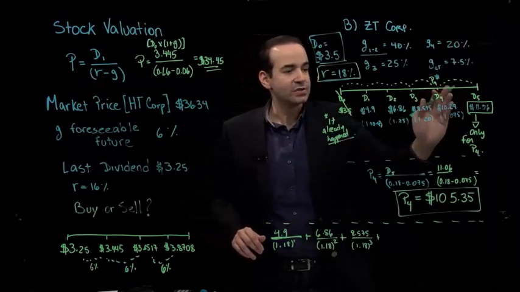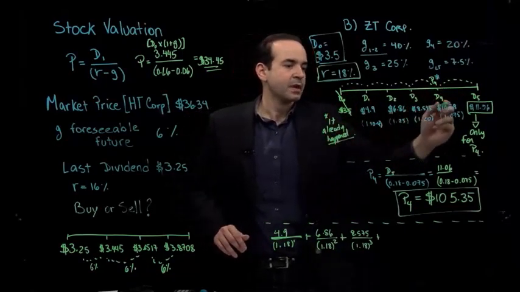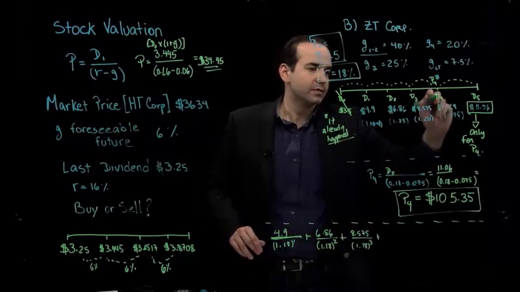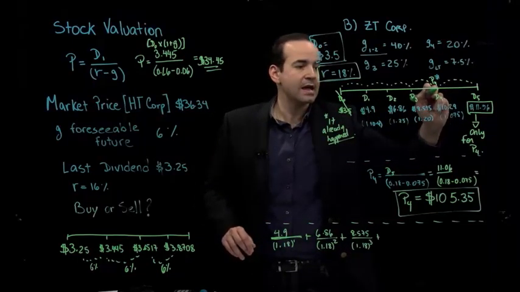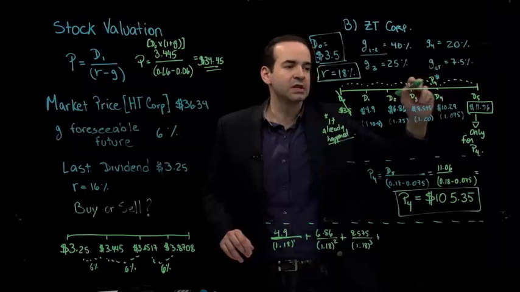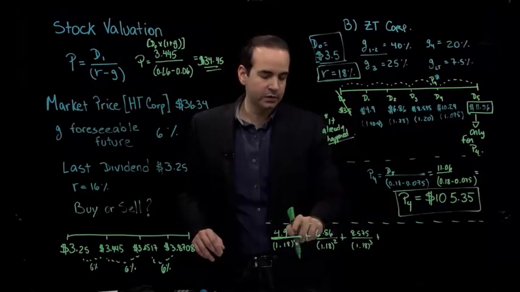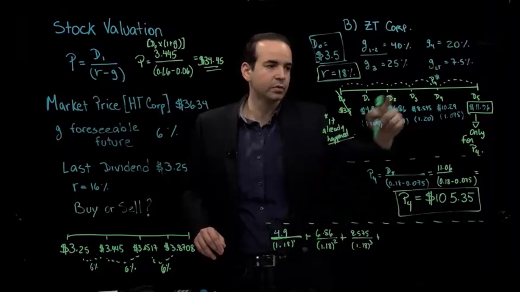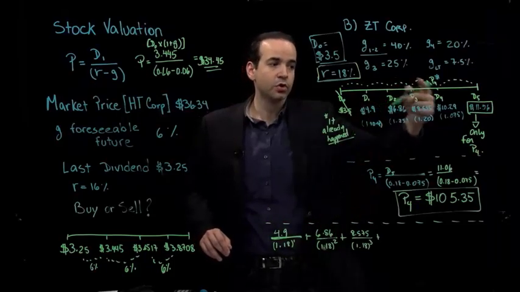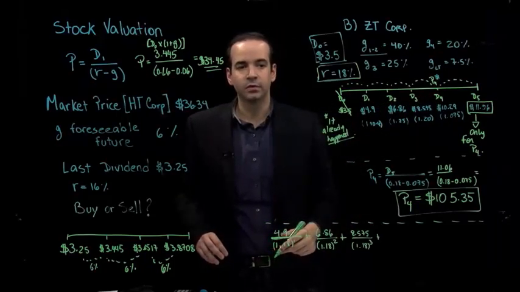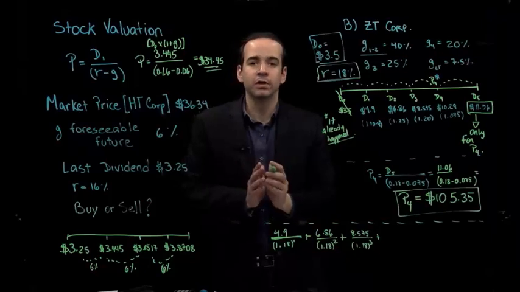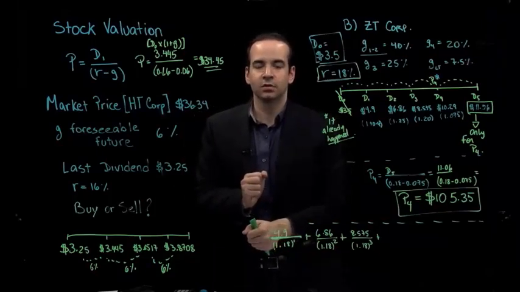So let's assume that you're just waiting for the 4th year. In the 4th year, you're going to sell this stock. So you will receive dividend 1, you will receive dividend 2, you will receive dividend 4. You're going to receive the 4th dividend in the 4th year. And in the 4th year, you will go ahead and sell that stock.